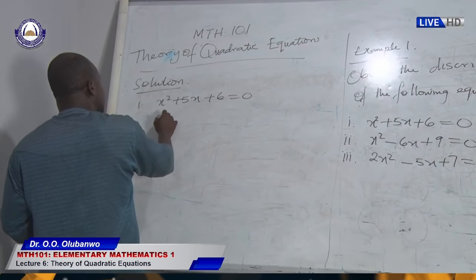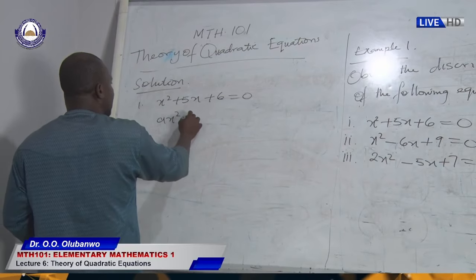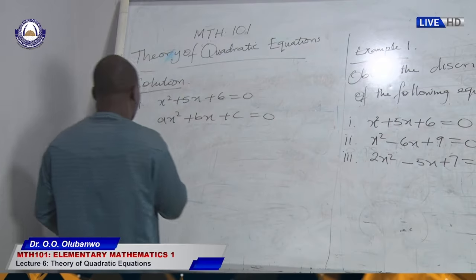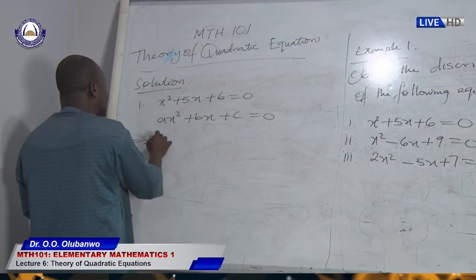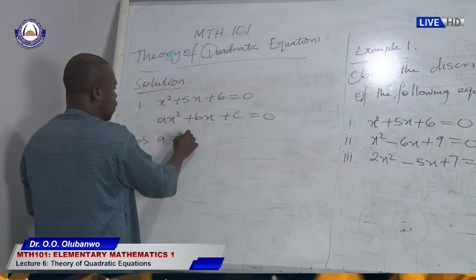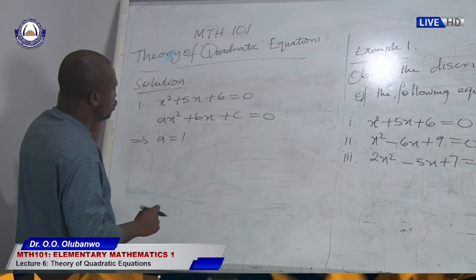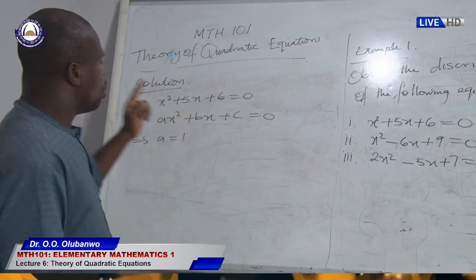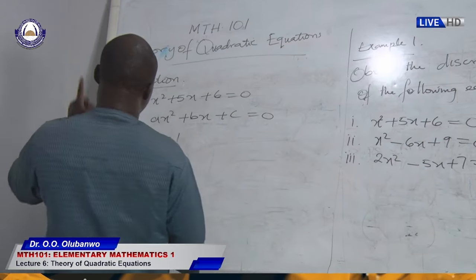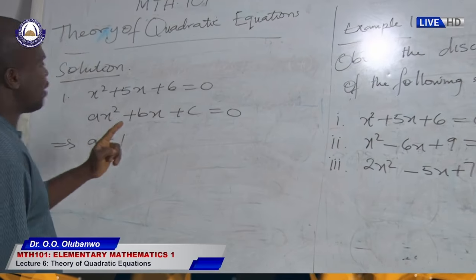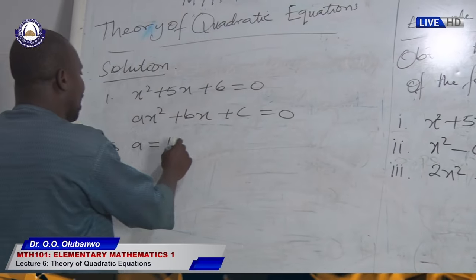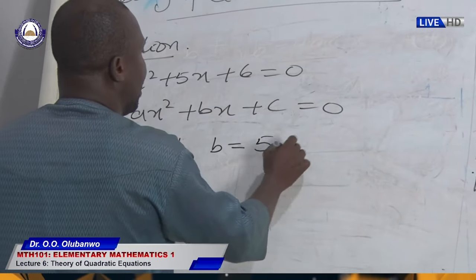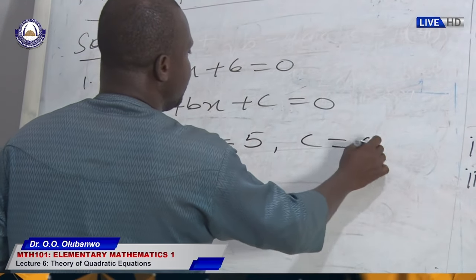Comparing this with the general quadratic equation, ax squared plus bx plus c equals 0, it implies that my A is 1 because the coefficient of x squared is our A. The coefficient of x is B, while the constant term is C. So our A is 1, B is 5, and our C is 6.